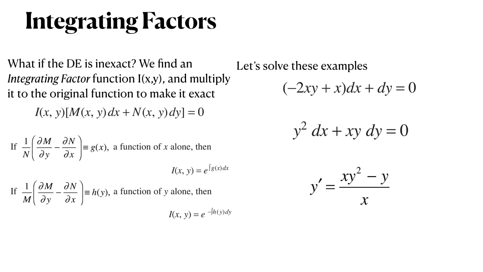If 1 over N times the difference of the partials of M and N would be equal to a function g of x, a function of x alone, then we use the first equation for I. If not, if 1 over M times the difference of partial of M minus partial of N, and the answer is a function of y alone, we'll use the second formula for I. Okay, that's the only time we use these formulas, when the condition is satisfied.